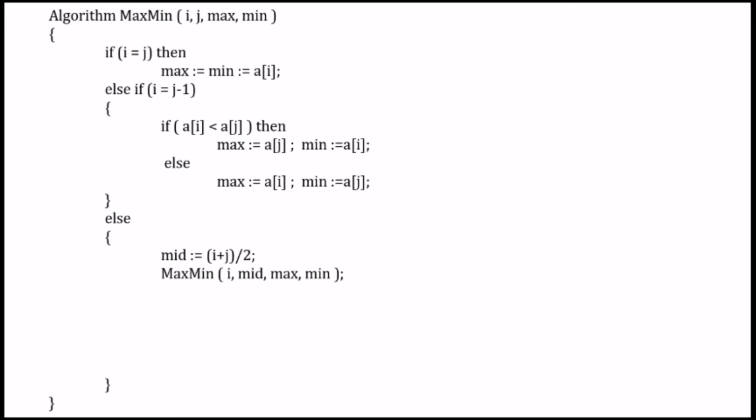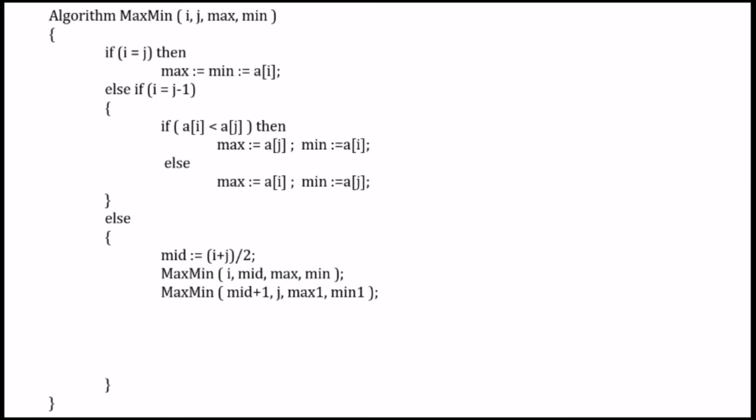Once we get the middle value, we will recursively call the MaxMin function. The values we are sending are the starting value, that is 1, and the last value will be mid, and for the second array the starting value will be mid plus 1 and the last value will be j.